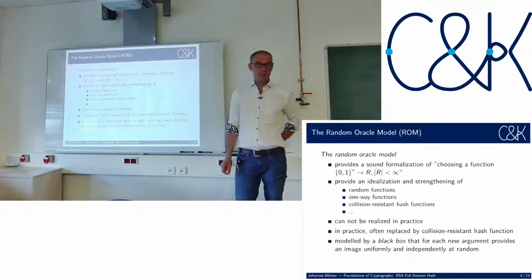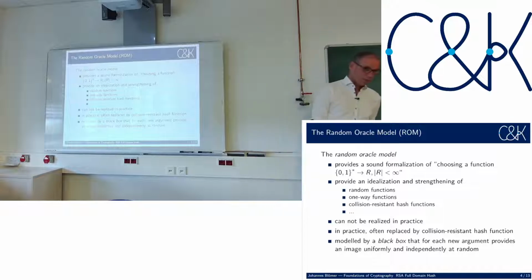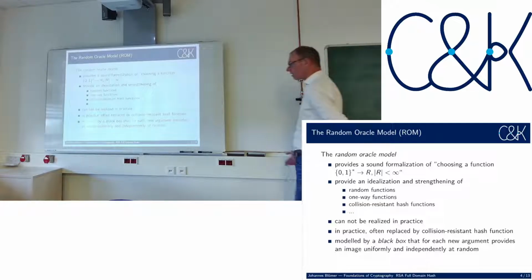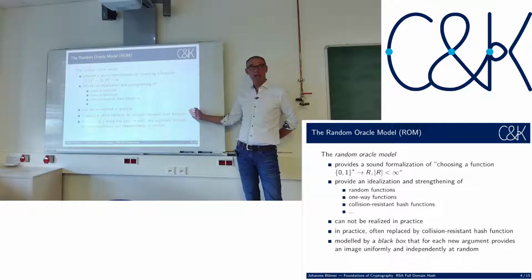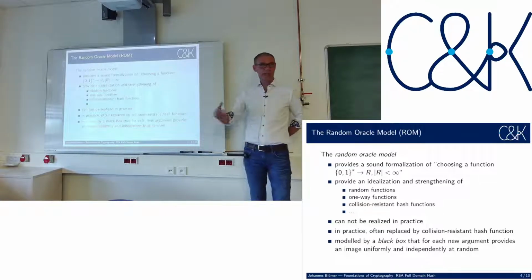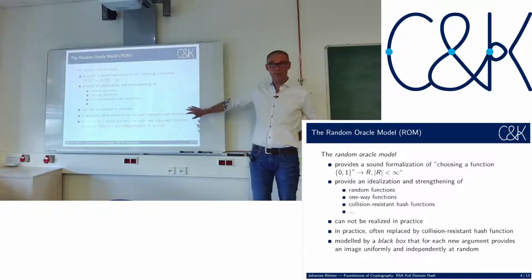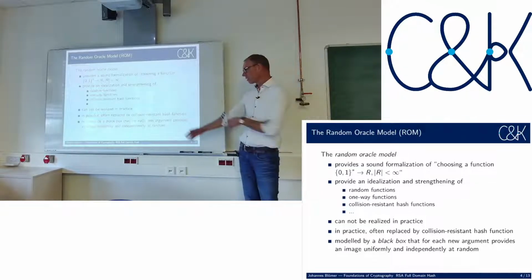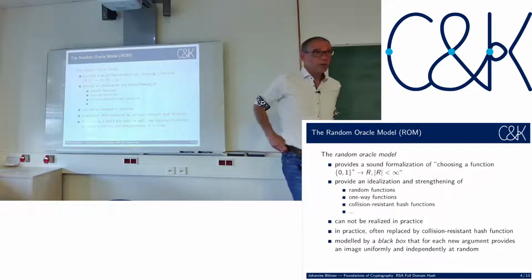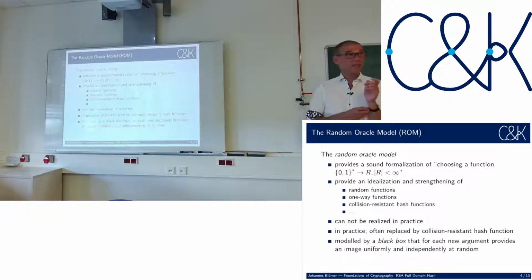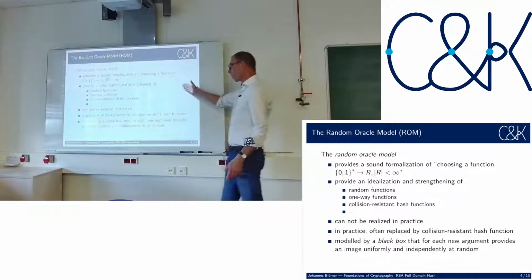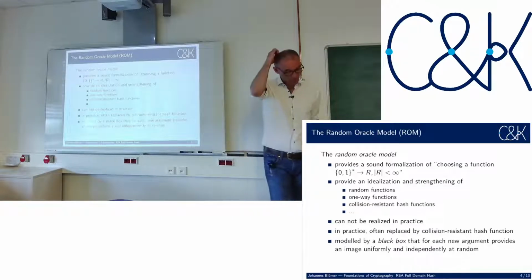There's no argument why that should be true, and in fact there are cases where we can prove that this is not correct. But all these constructions are artificial. As far as I know, there is no real scheme that has been shown secure in the random oracle model and whose practical realization is not secure. You can construct these things artificially, but in general this sort of works, and practitioners don't spend too many sleepless nights about jumping from random oracles to collision-resistant hash functions.